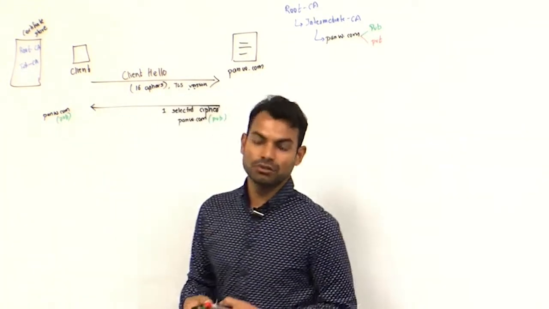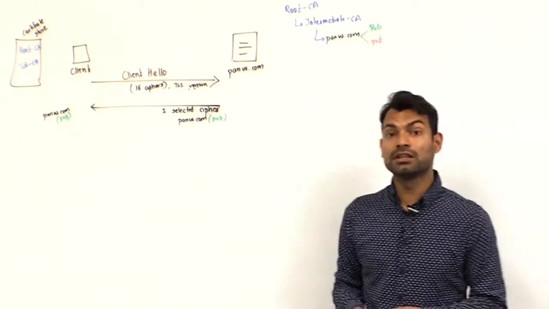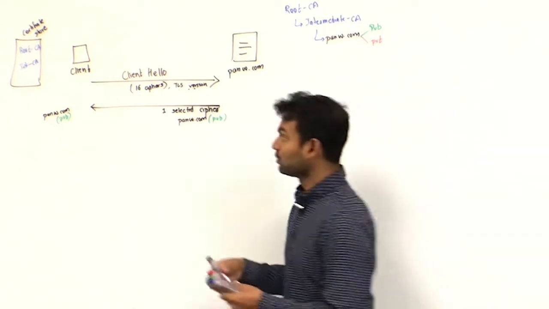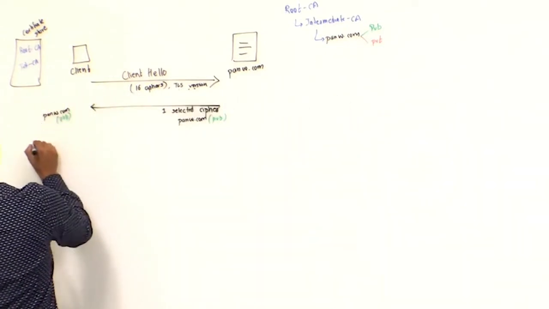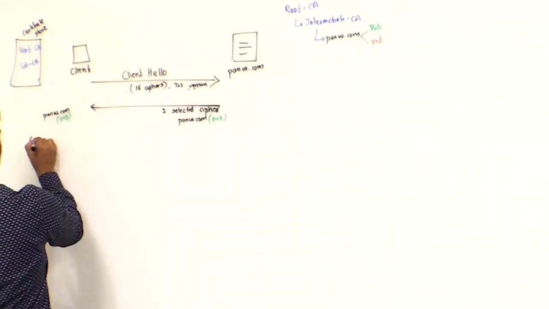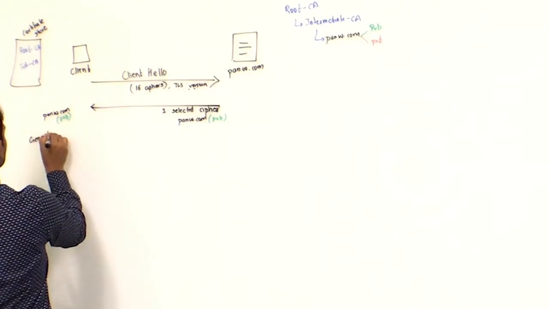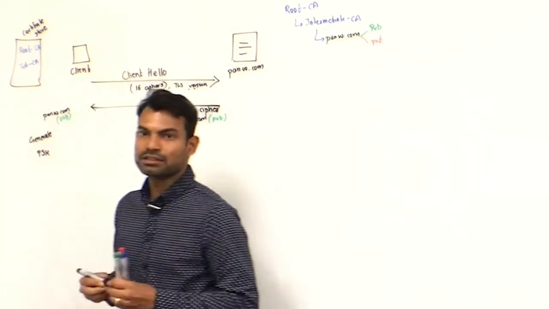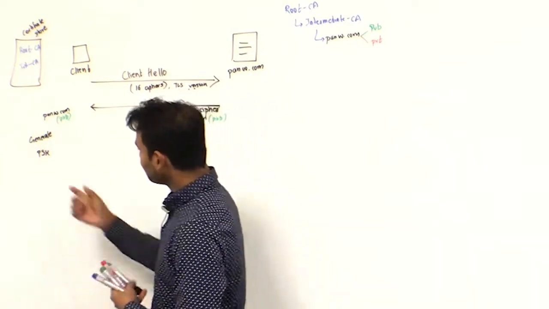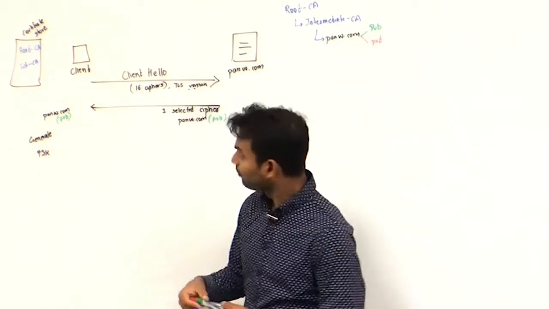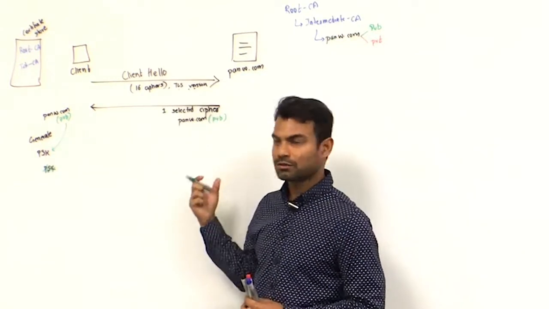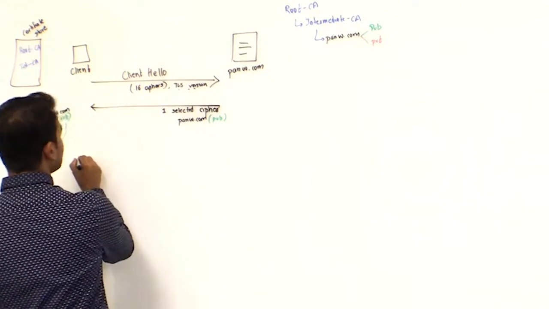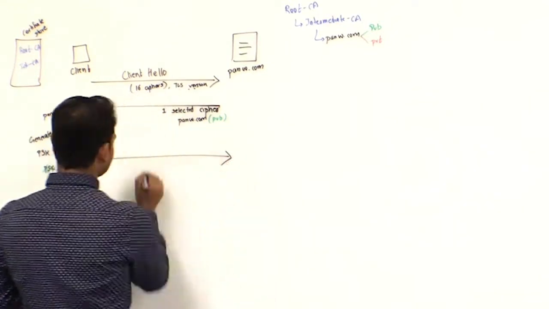The next thing the client needs to do is create a shared secret key, or I call it a pre-shared key, or PSK. So the client needs to first generate a PSK. When the pre-shared key is generated, the public key which we received from the server is used to encrypt the PSK, and then this encrypted PSK is sent to the server.